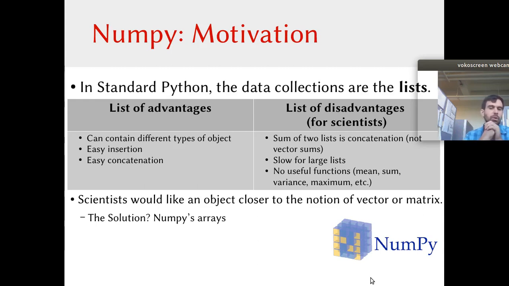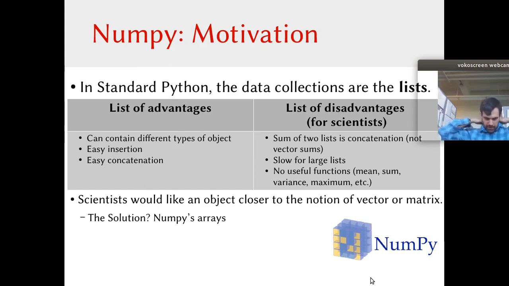And it has no usual functions that we tend to use all the time as scientists, like the mean of a vector, the sum of all its terms, the variance, the maximum, etc. So we scientists would like to have an object in Python that represents the notion of a vector.